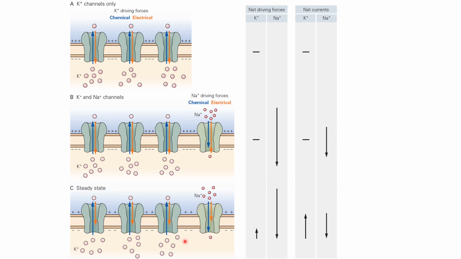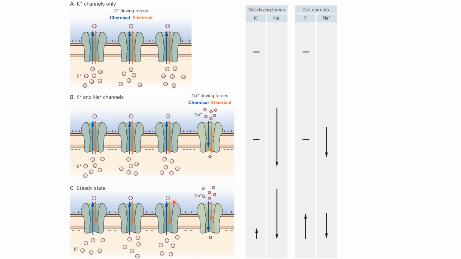Now as the electrical gradient for sodium has changed, because the membrane potential has become more positive, similarly the electrical gradient for potassium ions will also change, because membrane potential is a common value for the whole neuron.